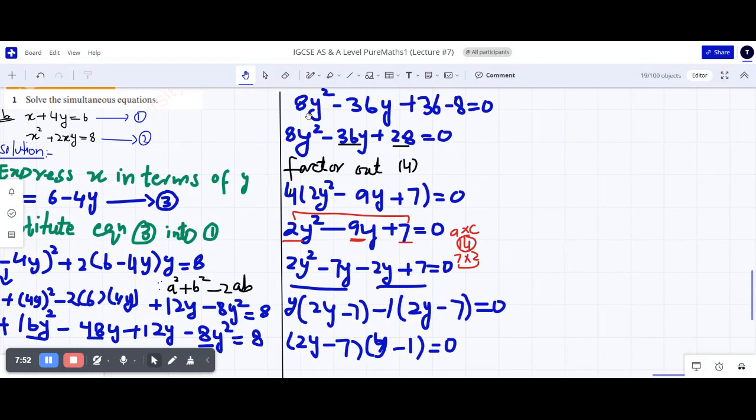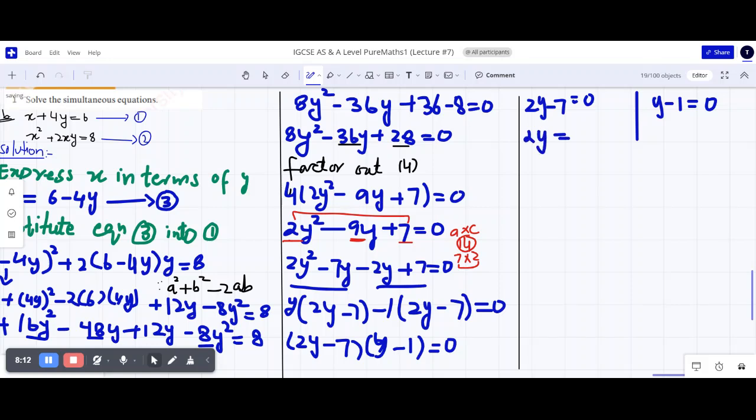For further simplification, we put each factor separately equal to 0. So 2y minus 7 equals 0, and y minus 1 equals 0. We shift these values to the other side, so it is 7, then 2 also shifts to the other side as a coefficient, and y equals plus 1.